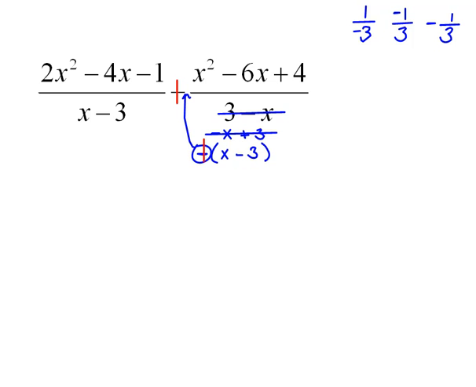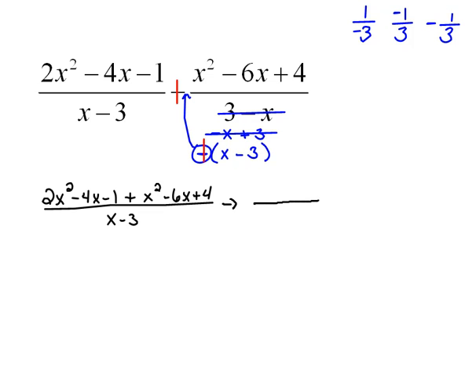So now, when we look at the fractions, we actually have a common denominator and we are adding. So we can just work with those numerators: 2x squared minus 4x minus 1, plus x squared minus 6x plus 4, all over our common denominator of x minus 3.